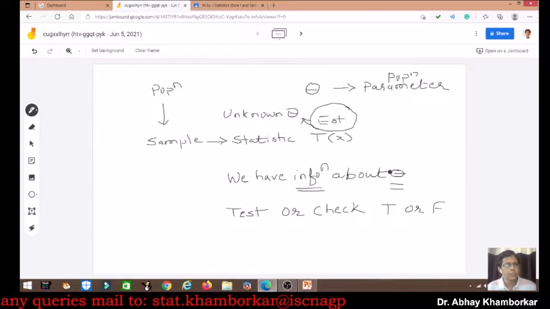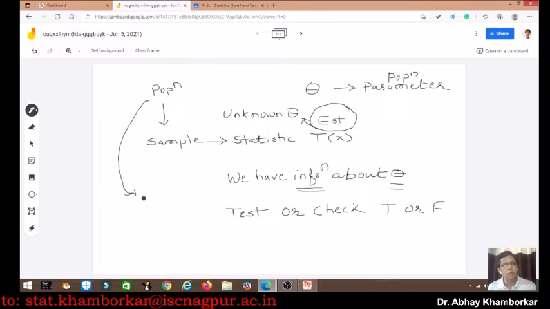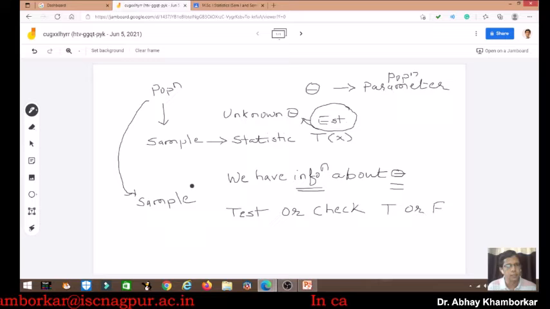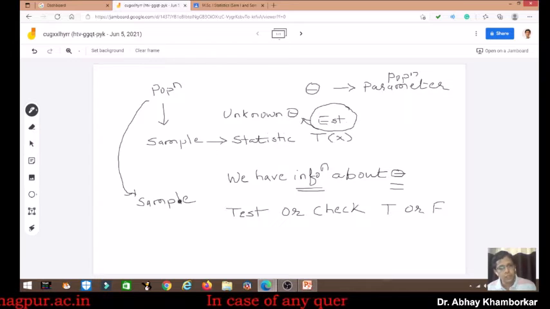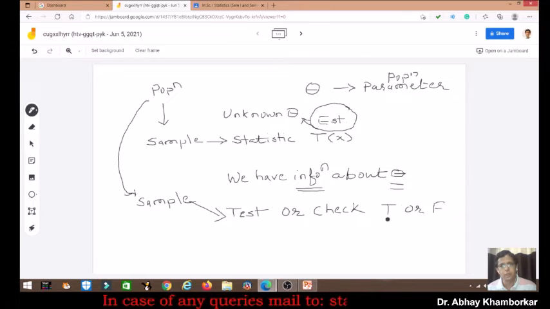Now how can we check whether this information is correct or not? Again, we are going to draw a random sample from the same population. Here also a sample will be drawn, just as it was drawn in estimation. Using this sample, we will check whether this information about the population parameter theta is true or false.